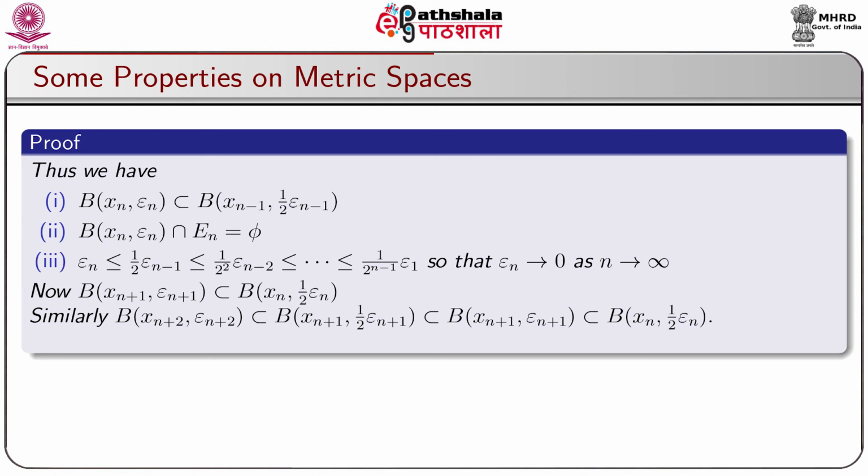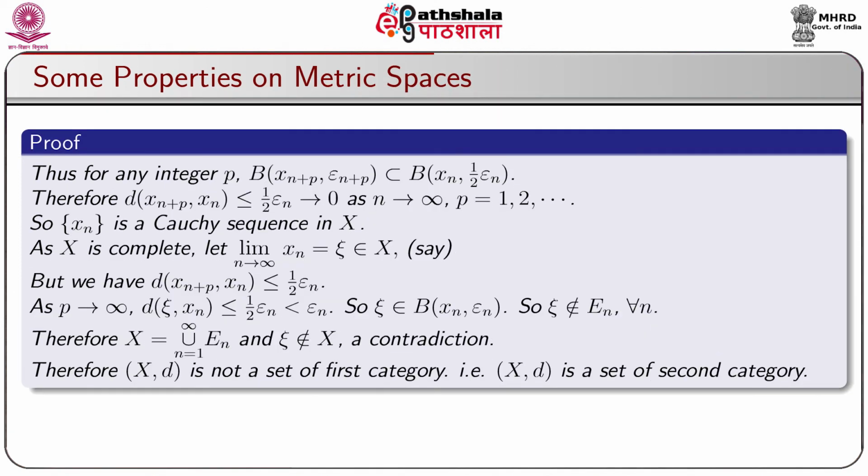Now, the open ball B(xn plus 1, epsilon n plus 1) is within the set B(xn, half epsilon n), which is an open ball. Similarly, B(xn plus 2, epsilon n plus 2) is a subset of B(xn plus 1, half epsilon n plus 1), which is a subset of B(xn plus 1, epsilon n plus 1), which is a subset of B(xn, half epsilon n).